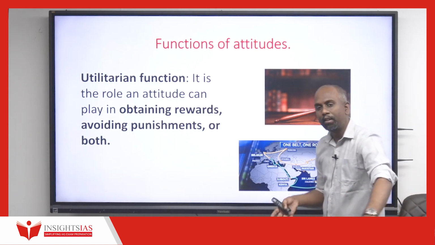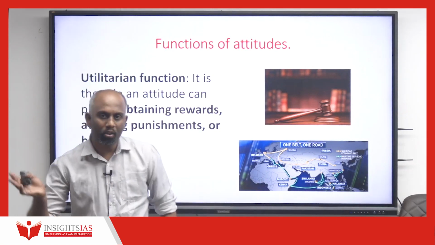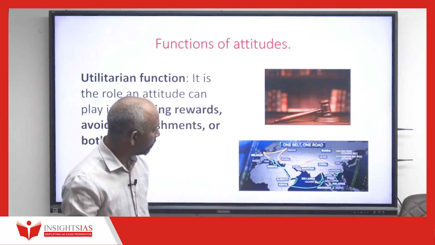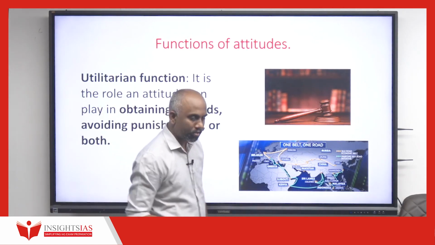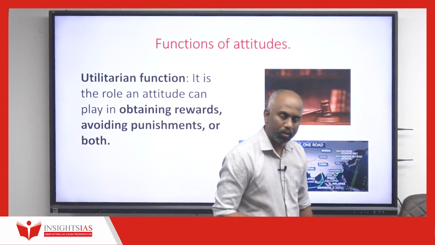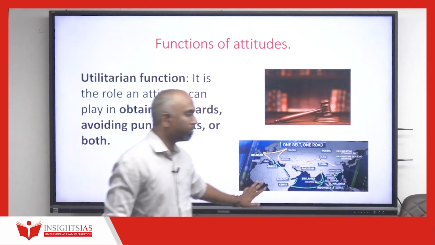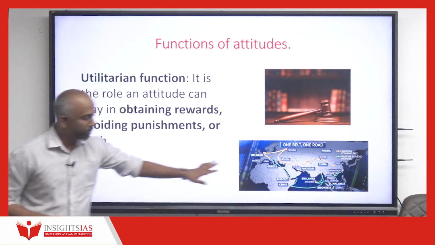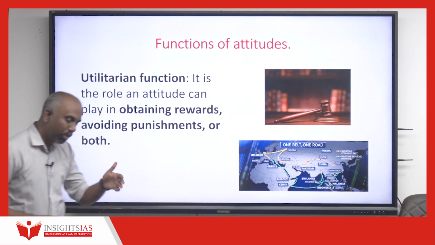There are certain loopholes in the project which can push a country to the brink of economic crisis, something which we are seeing in Sri Lanka. I'm not saying all the problems of the economic crisis of Sri Lanka are because of this initiative, but a significant amount is because of this. Anyways, we won't get into that. I just wanted to explain what the utilitarian function is through an example.